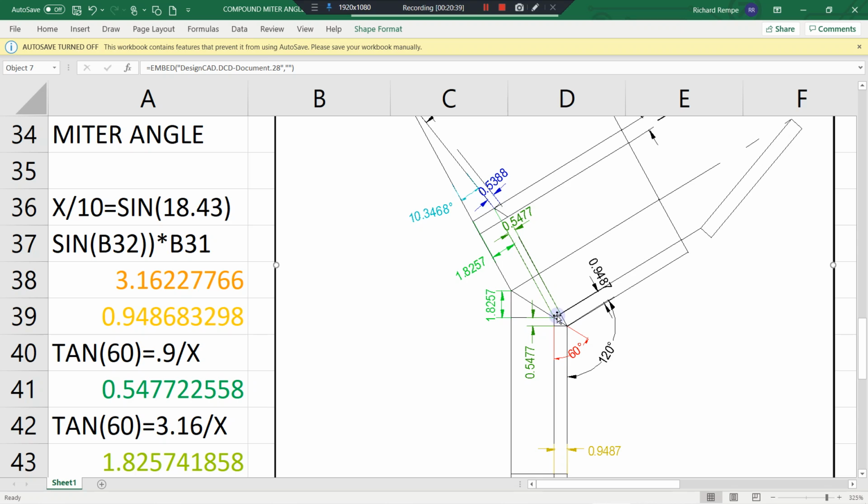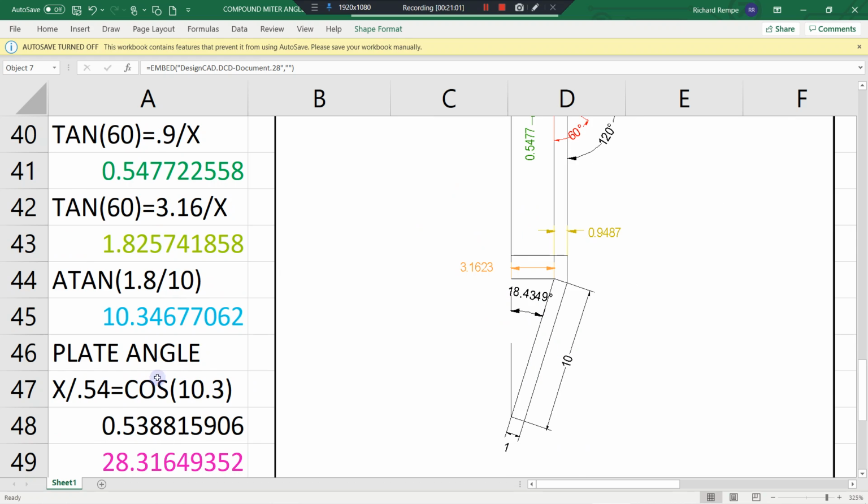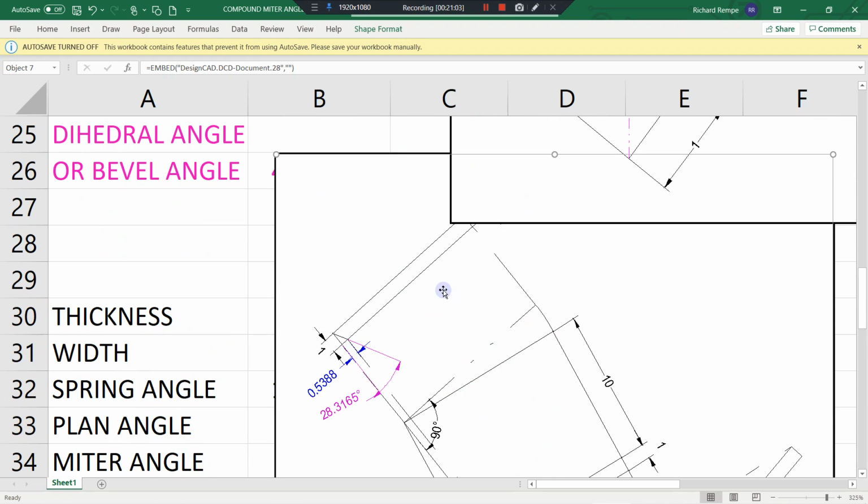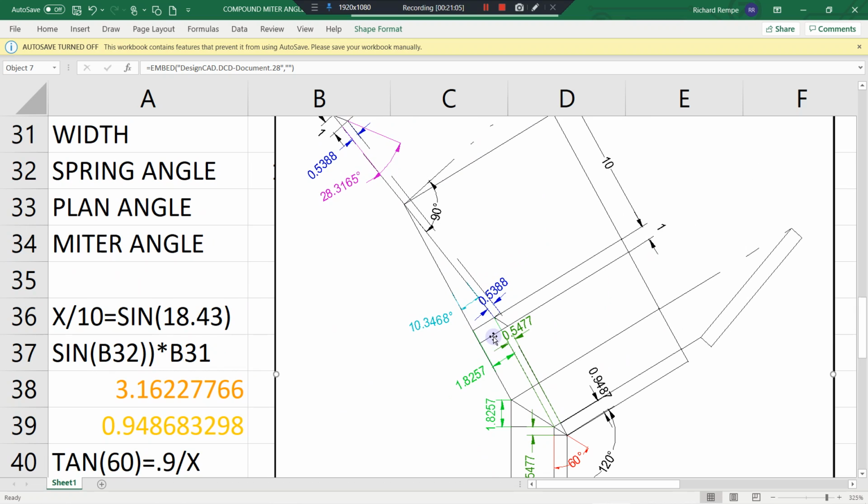We're looking at the tangent. So 0.948, the arctangent of 0.948 divided by x. The tangent of 60 is 0.948 over x. And then you solve for x. You get 0.54.